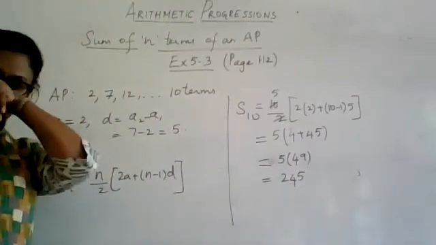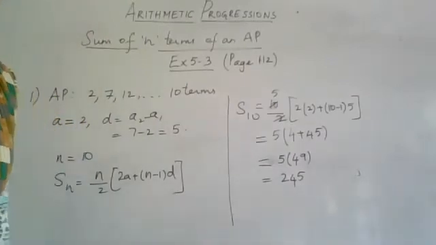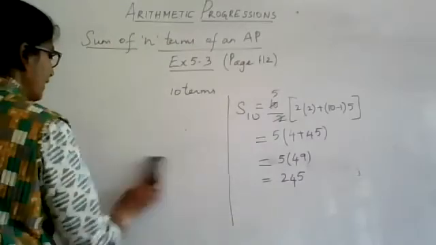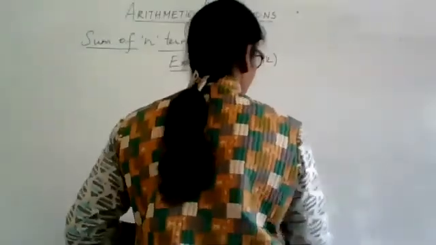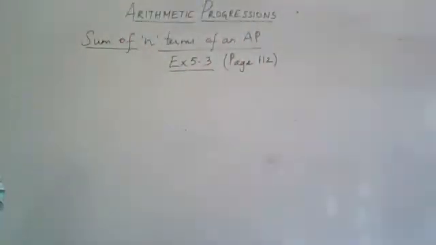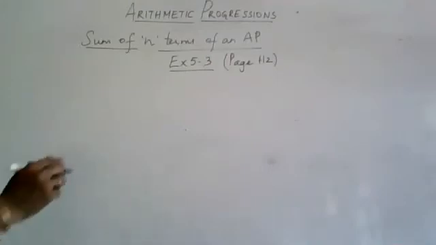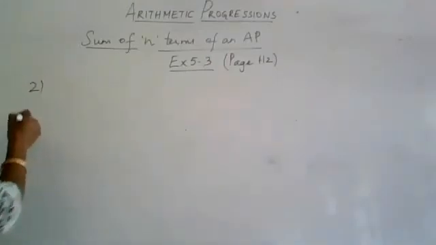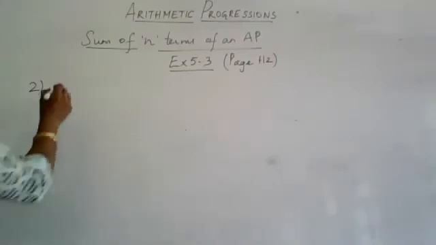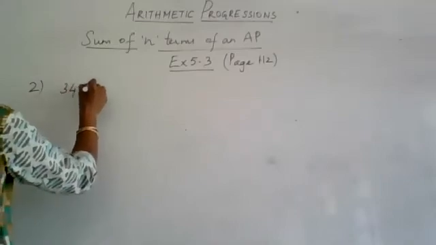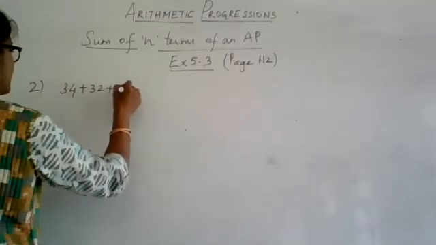Okay, in the second main, I'll take up one more problem where you are going to use the second formula that I have just introduced. If the last term or the nth term of the AP is known, how do we take it up and do it? So I'll take one from the second main, arbitrarily the second one: 34, 32, 30, etc. Okay, this is an AP.